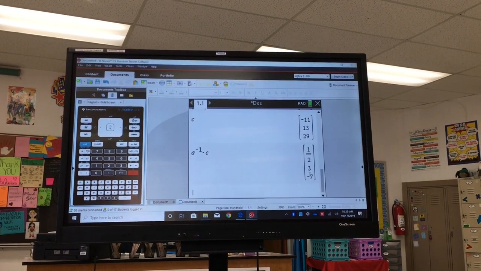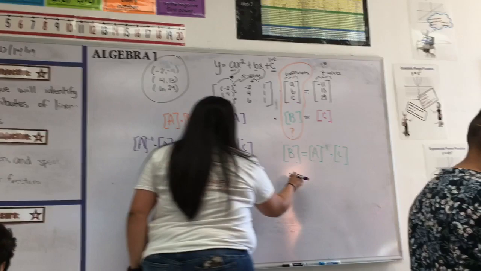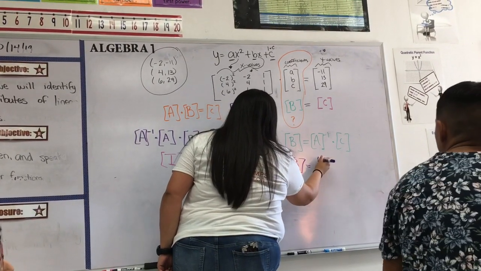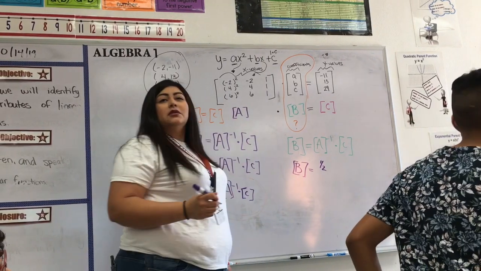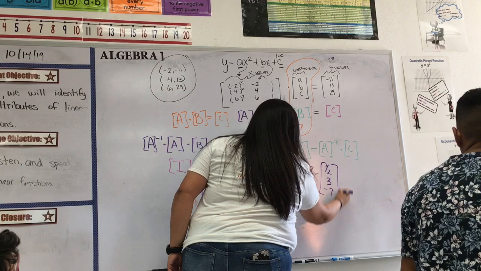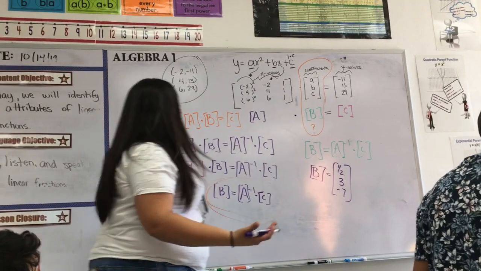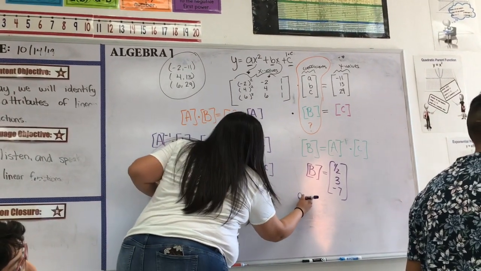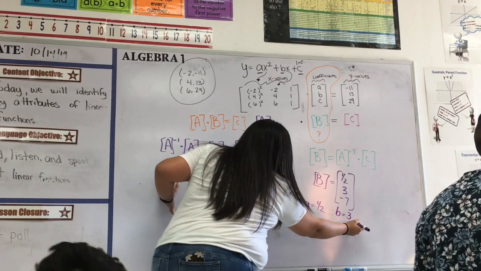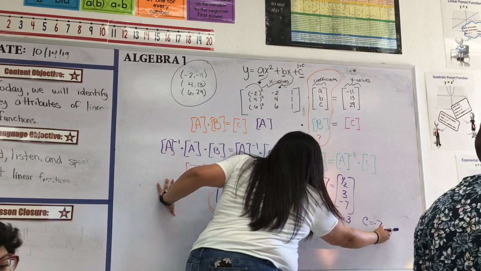More importantly, we found that the matrix B was 1/2, 3, and -7. That's crazy, right? So what that really means is that A is 1/2, B is 3, and C is -7.